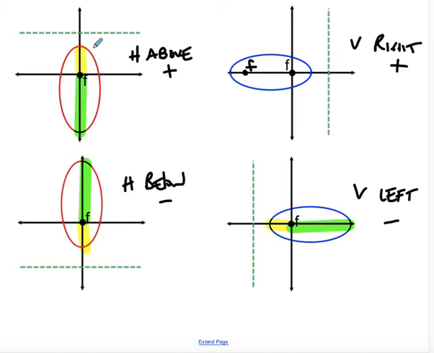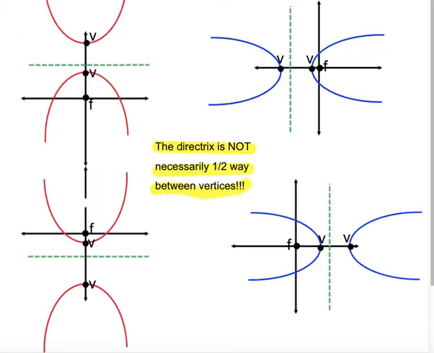Again, here P is from focus to directrix, so this distance here is P. Again, from focus to directrix is P. Same thing in these. The distance from the directrix to the focus is P.